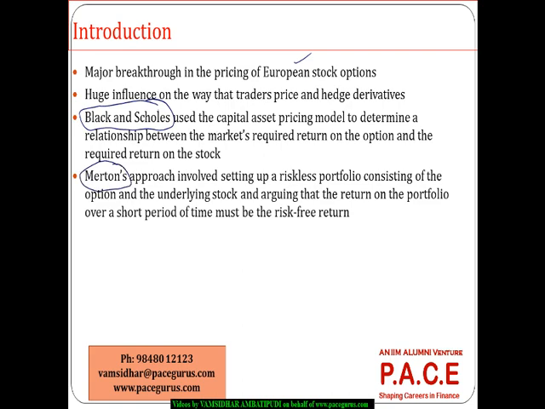Of course, within this, we are looking at two different groups, Black and Scholes together and Merton separately. Both of them tried looking at the relationship between the market's required return on the option and the required return on the stock. Black and Scholes used the capital asset pricing model, whereas Merton was more involved in setting up a riskless portfolio containing the option and the underlying stock.